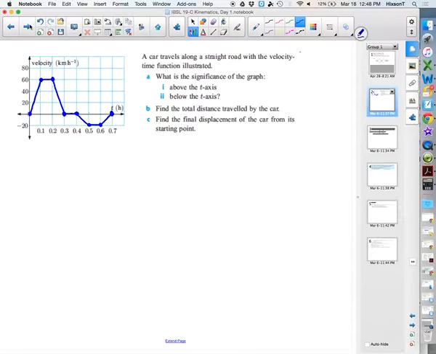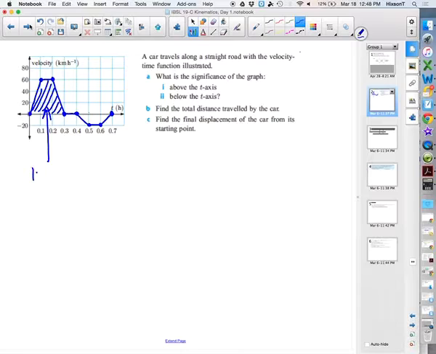Now, we kind of already mentioned here, but let's talk about the graph above the t-axis, this part here. What are we doing here? When our velocity is above the axis, okay, we have a positive velocity, and you're right, the area will also be positive, okay?